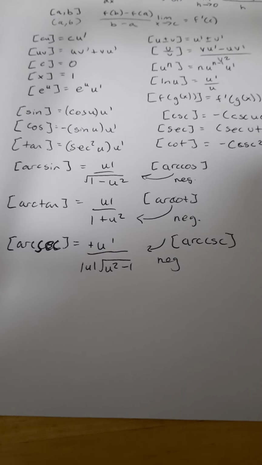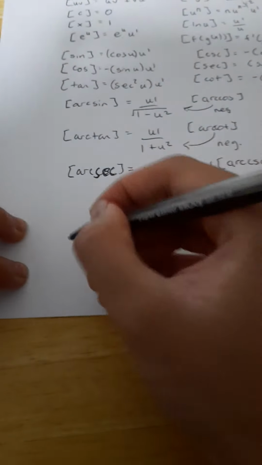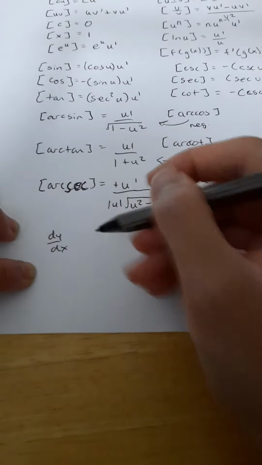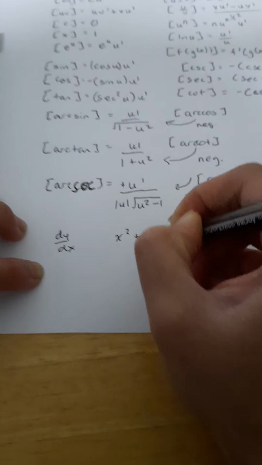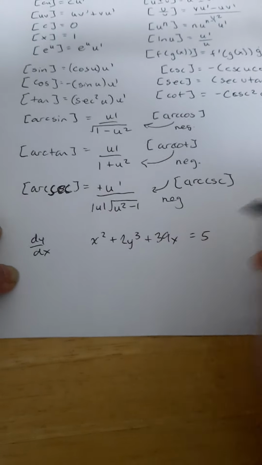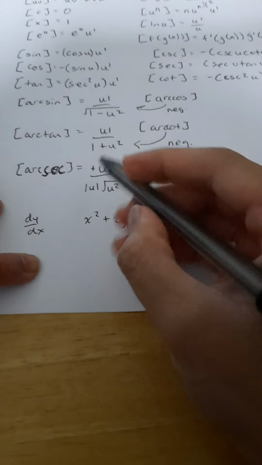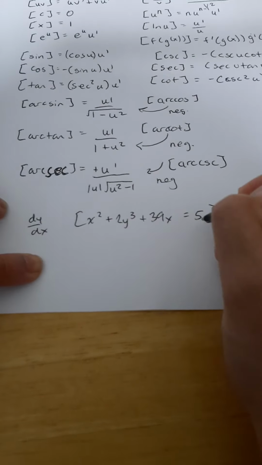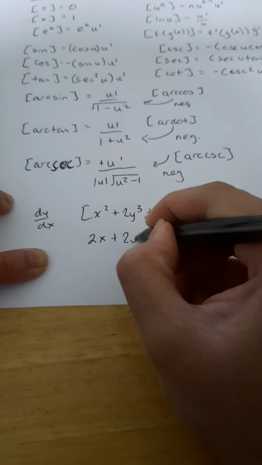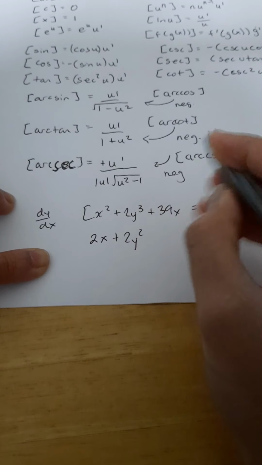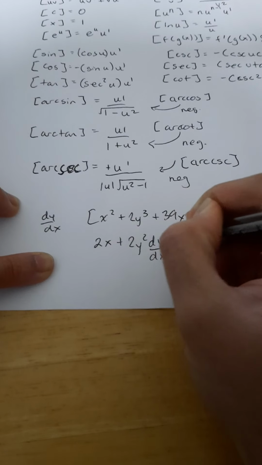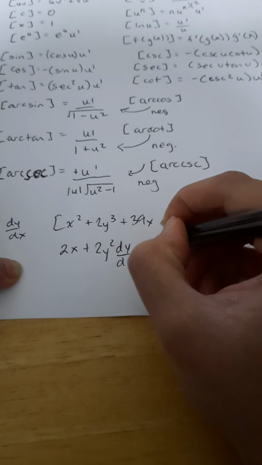And implicit differentiation, we can do that quickly. So dy dx, this is implicit differentiation. It's when you have something like x squared plus 2y cubed plus 39x equals 5. You'll have something like that, and then basically you take the derivative of both sides. Remember, 5 is a constant, so it's going to equal 0. This is 2x plus 2y squared, and then the derivative of y with respect to x is dy dx, plus 39.